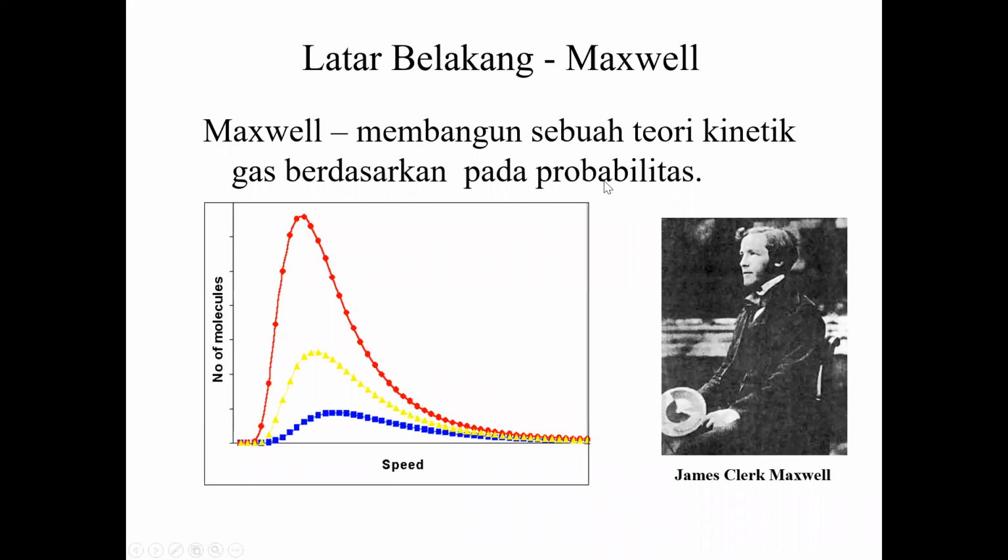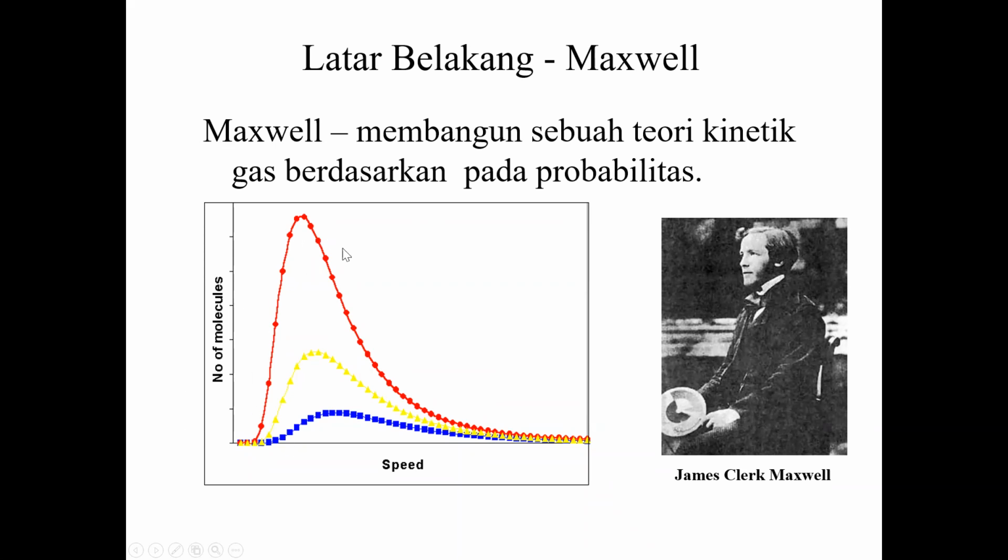So basically, this comes from Maxwell, a physicist who also formulated the kinetic theory of gas. We call it the Maxwell-Boltzmann function. It's related to the probability function of a particle in the gas.